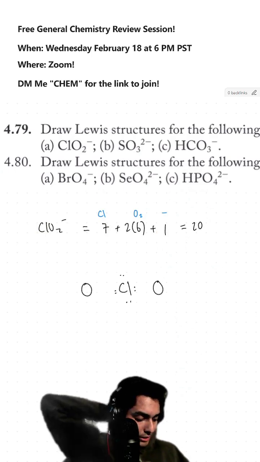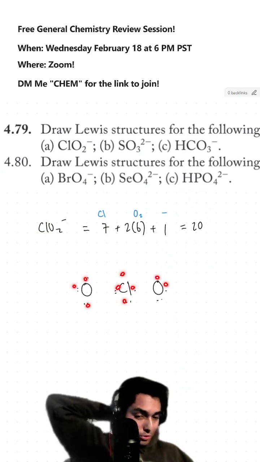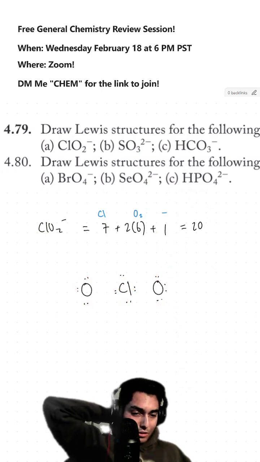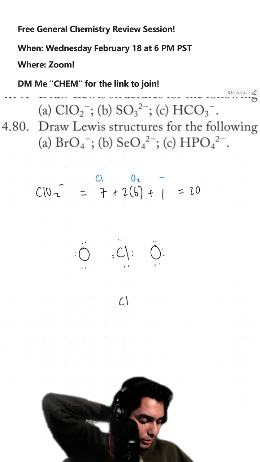So I'm going to give 6 to my oxygen, and 6 to my other oxygen. That should be 20. Okay, I think I should be good here. Now I need to see the charges here, so now I'm going to turn those into lines.